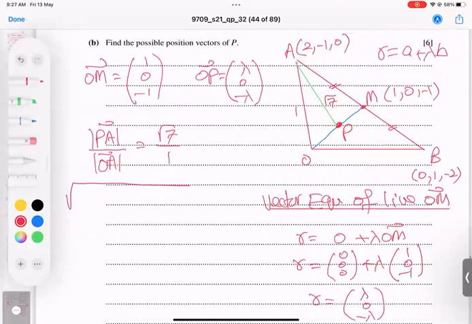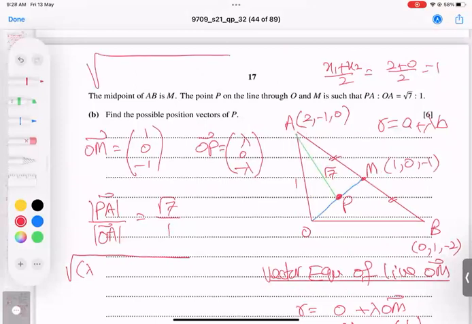PA is the distance between P and A. We use the distance formula: square root of (x2 minus x1) whole square plus (y2 minus y1) whole square plus (z2 minus z1) whole square.